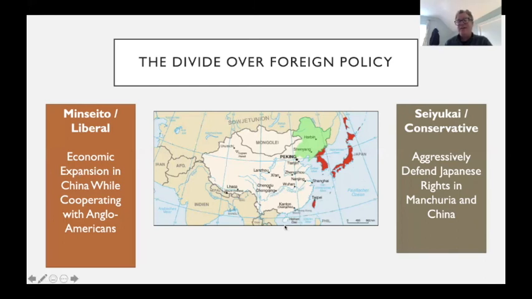Now, you could see how that came apart under the strains of the Manchurian incident, with the Seiyukai feeling that what the army was doing there was consistent with their foreign policy, whereas the Minseto felt that they were the ones actually in power, and their own foreign policy was completely ignored by the army.